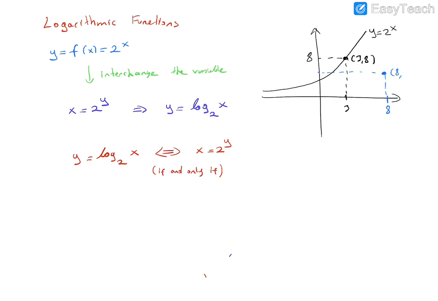Maybe my sketch is not good. This intersection is at (1, 0), so my sketching is not good actually. Anyway, this point is on the graph of the logarithmic function, and again, it has to be positive at the point 1.